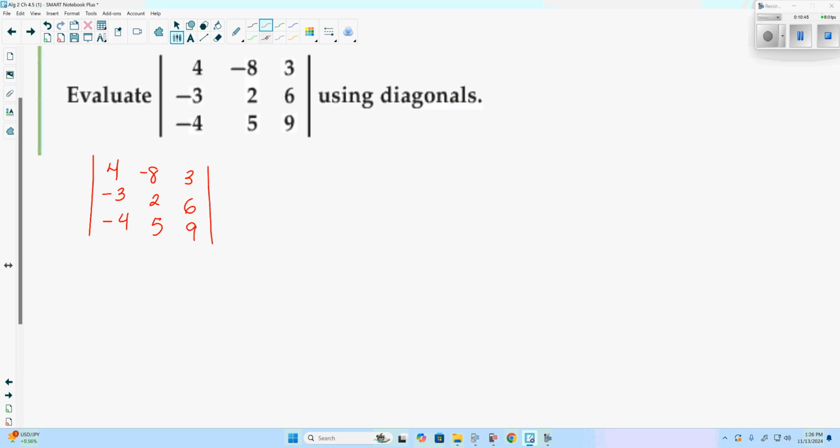So the first step is to rewrite the first two columns to the right of this here.